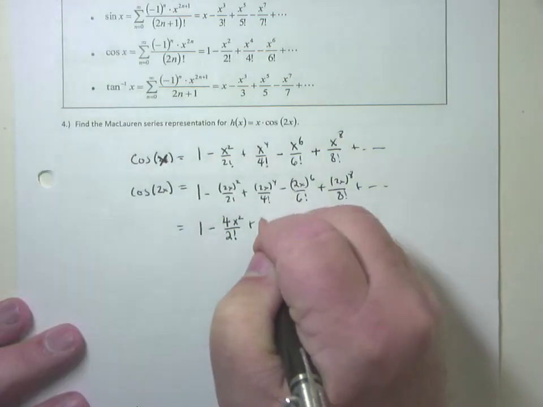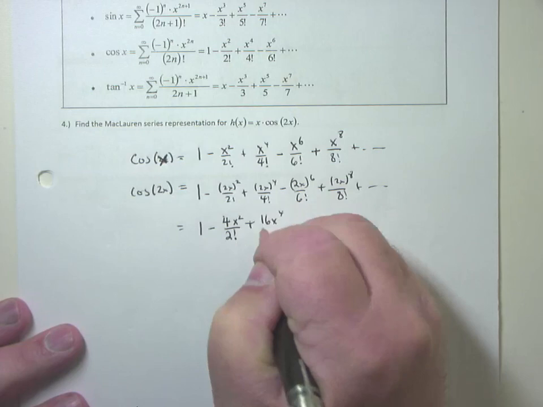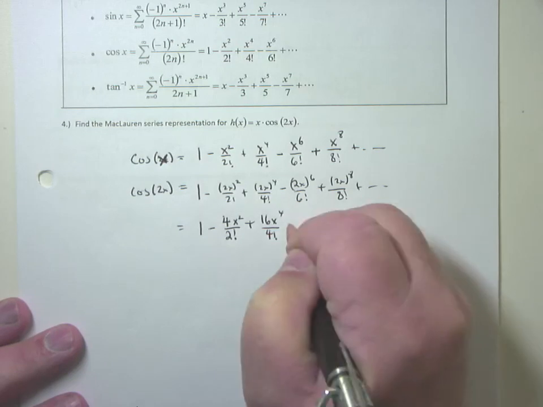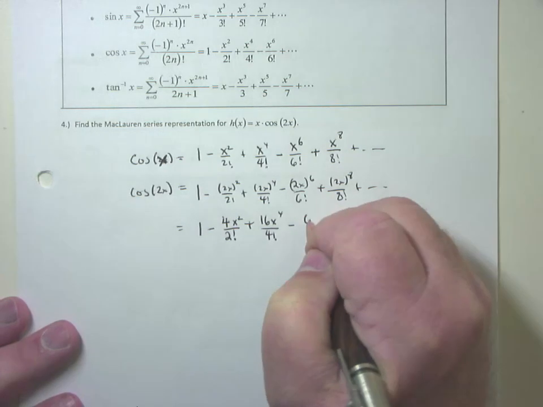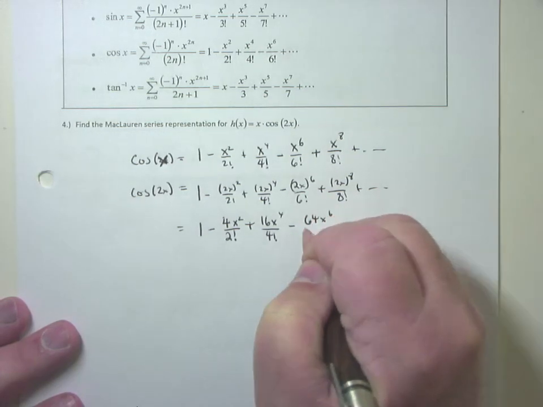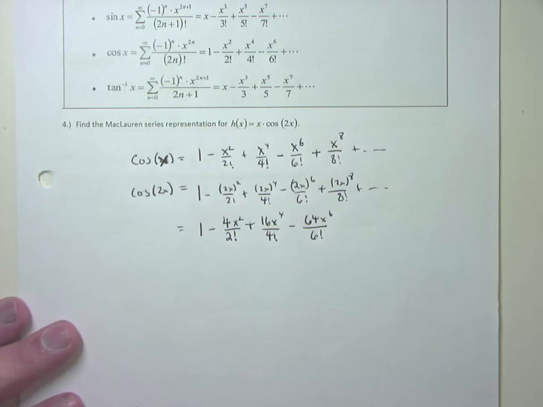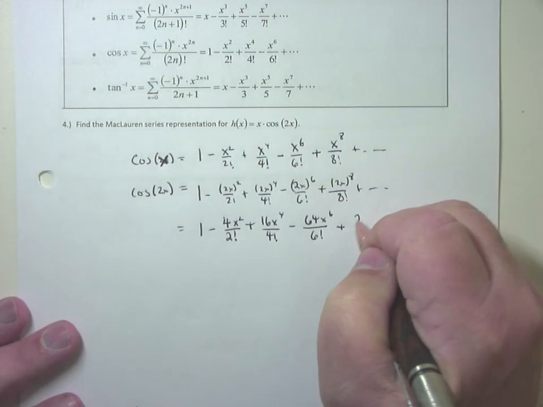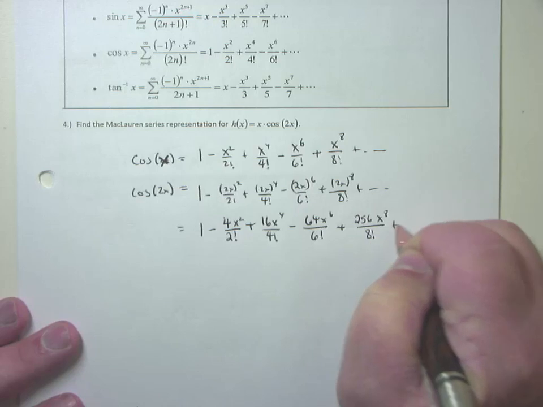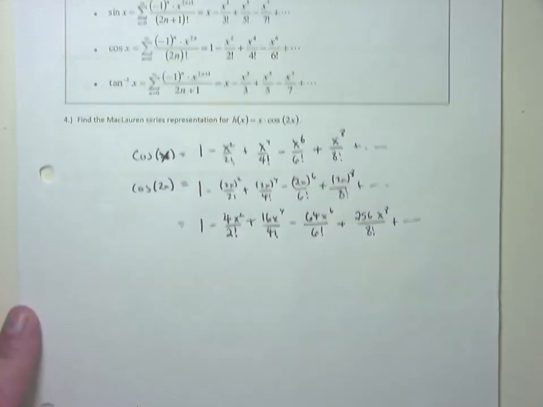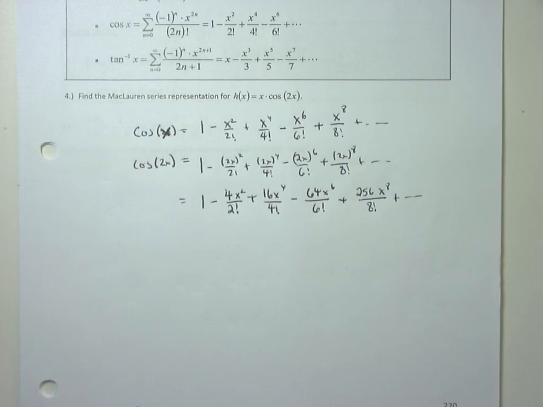So that would be 16x to the 4th over 4 factorial, minus 2 to the 6th power is 64, minus 64x to the 6th over 6 factorial, plus 2 to the 8th power is 256, x to the 8th over 8 factorial, plus dot, dot, dot. And just plus dot, dot, dot to keep on going. But they alternate. That's not what we're supposed to build, but we're building it piece by piece.